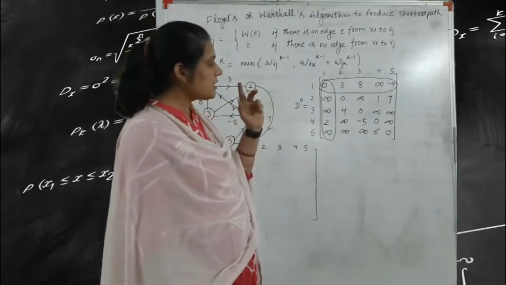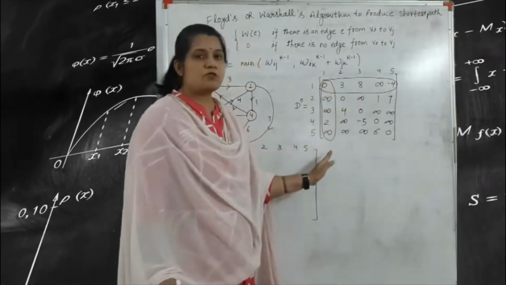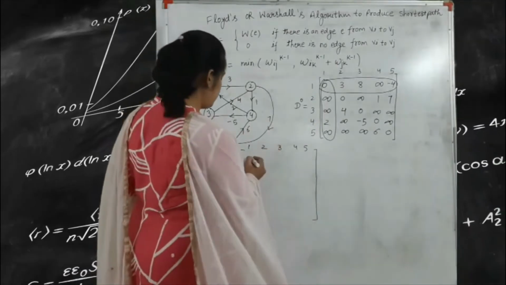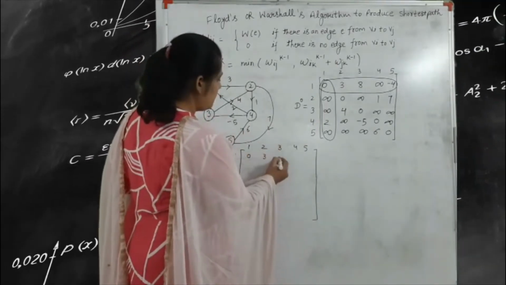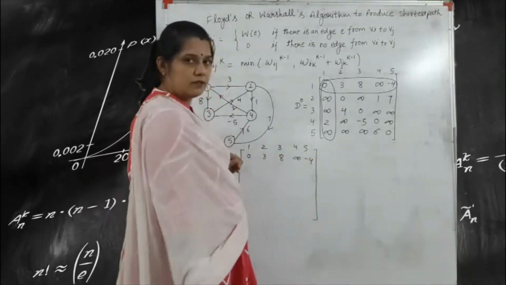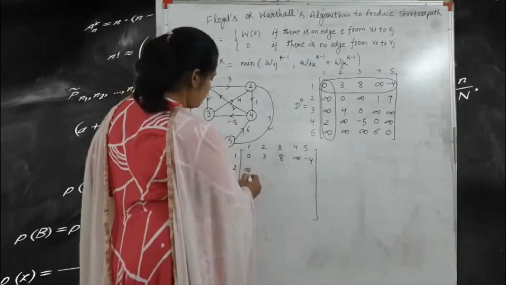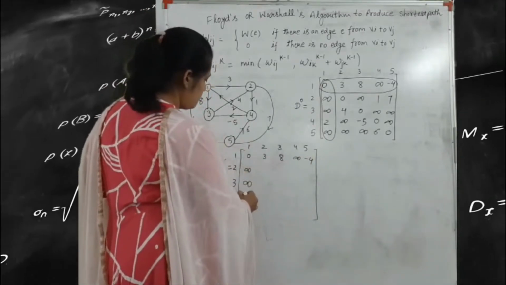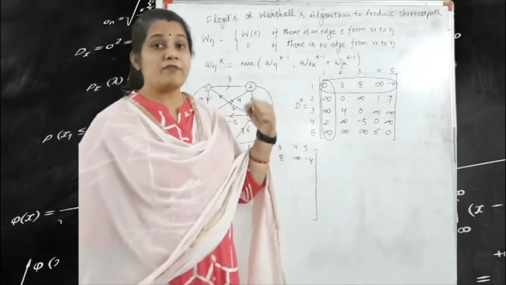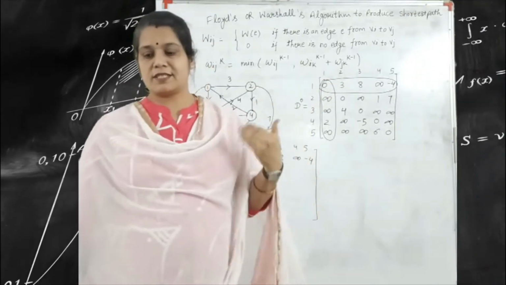After that, you write your first row and first column as they are. You copy them: the row is 0, 3, 8, infinity, minus 4, and the column is 0, infinity, infinity, 2 and infinity. So for finding D1, you highlight the first row and the first column.